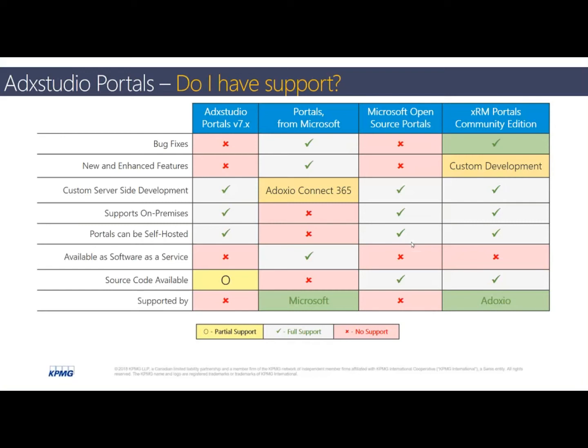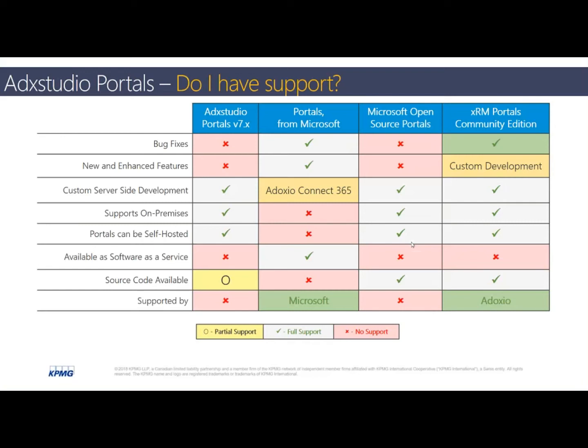The other 2 versions are Adxstudio Portal, which you might have installed with a perpetual license, but its source code is not available and it's no more supported. You can get a partner or a third-party vendor who might be able to provide support for it, but in actual, it's not getting any bug fixes or further releases.